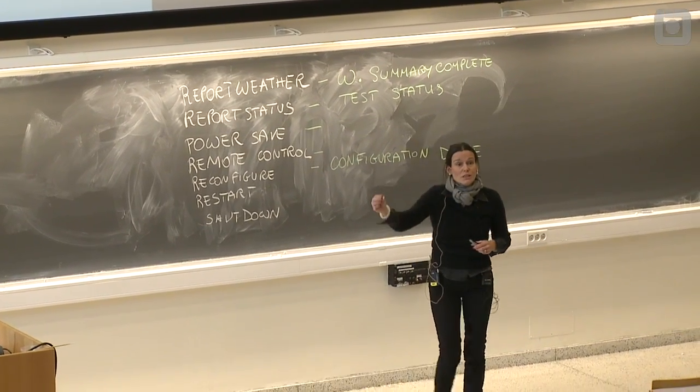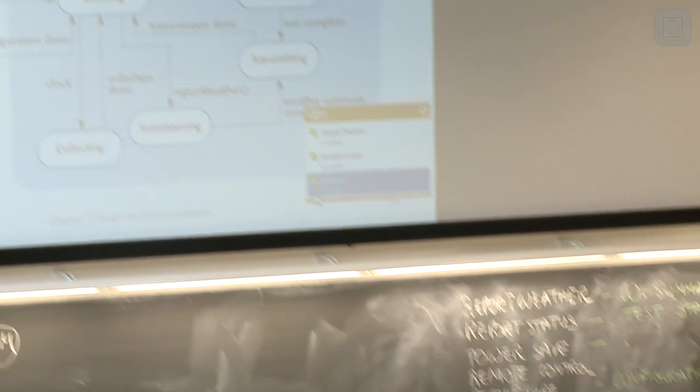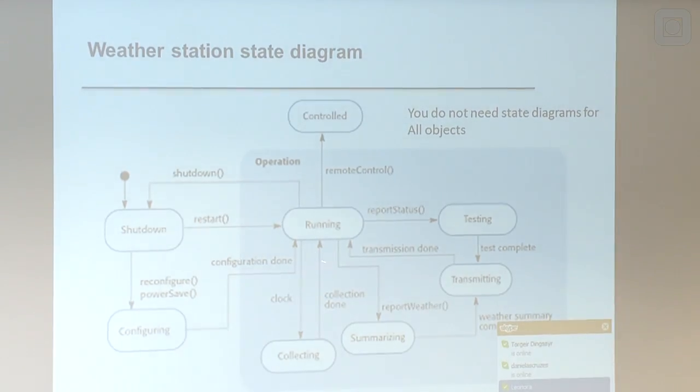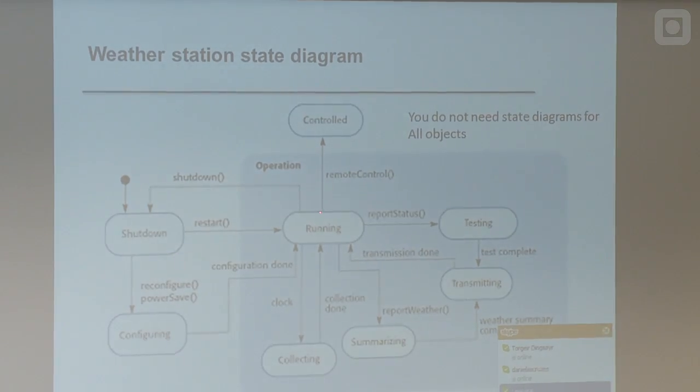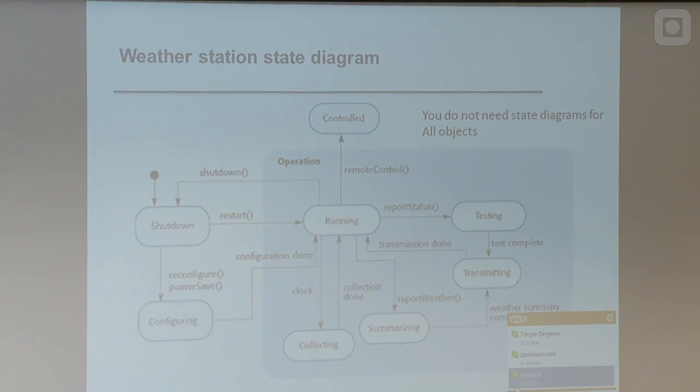For each transition, I can do this exercise and say, okay, when I am in a running state, what can happen? A remote control command can come from the central information system, and so I will go into a state where I am controlled by the remote central information system. Okay, I see this remote control is here.